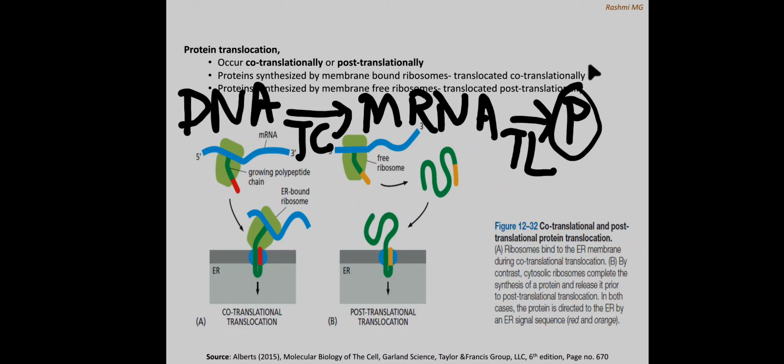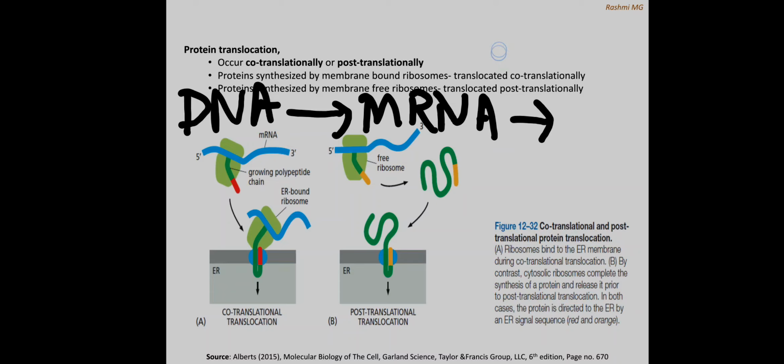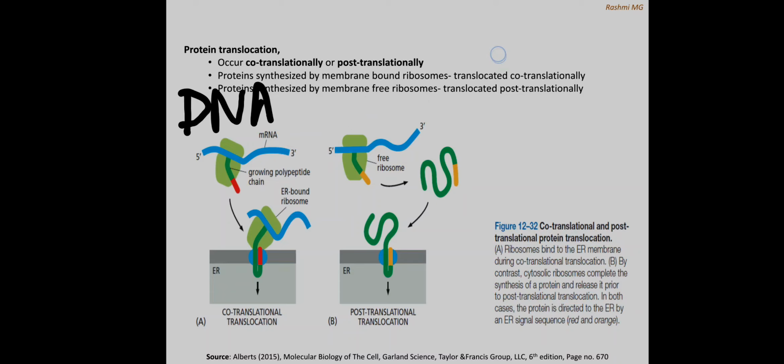Let us see the difference from this image. What are the different types of protein translocation? Co-translational protein translocation and post-translational protein translocation. Here you can see co-translation.